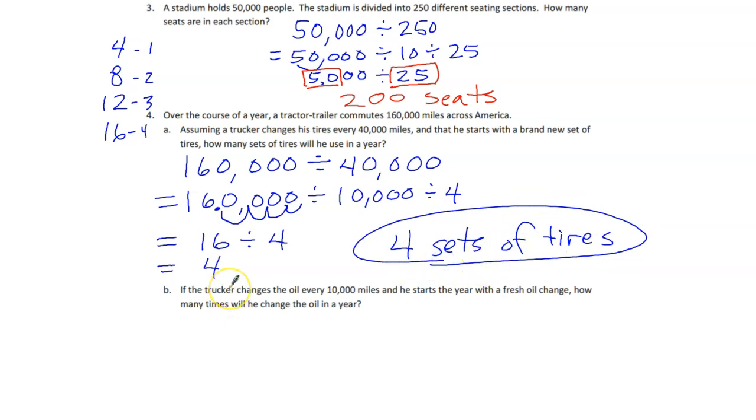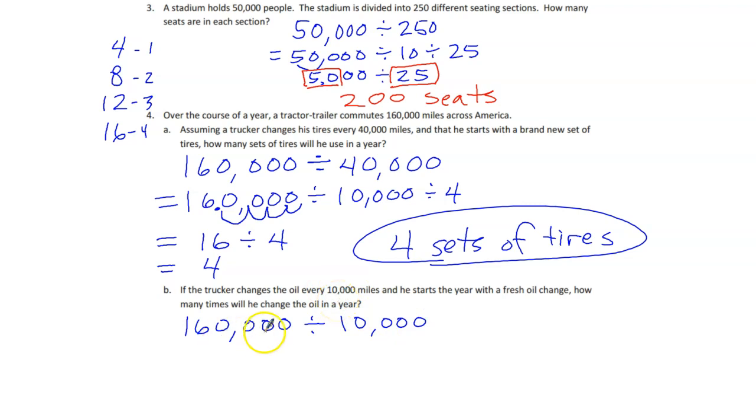Alright, now for B, it says if the trucker changes his oil every 10,000 miles, and he starts the year with a fresh oil change, how many times will he change his oil in a year? So same thing, we're just going to take our 16 10,000s or 160,000, and we're going to divide it by our 10,000, our oil change schedule.